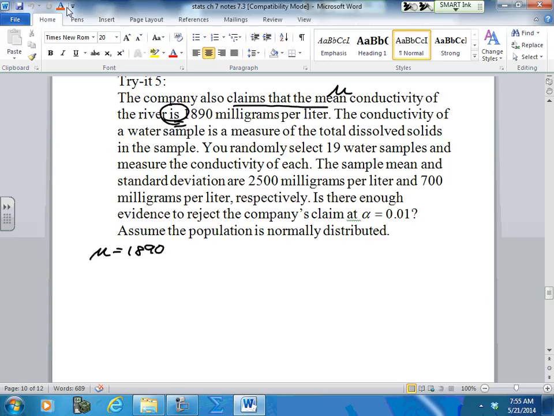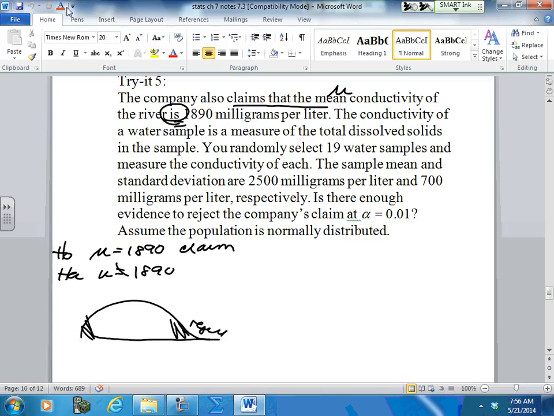Okay, this is their claim. Is this the H0 or the HA? H0. HA says not equal to. So again, we have a two-tailed test. This is your reject H0. This is your fail to reject H0.